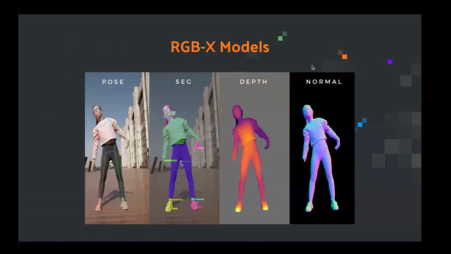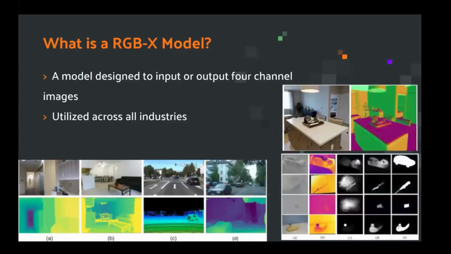Some of the most popular ones that we see are things like segmentation, depth, or normals, where outside of the regular red, green, blue that you store in your images, you can actually store whatever information you like in that fourth channel that's available for PNGs, or in newer formats, just another way to overlay your images and store this fourth channel there. So we're going to be focusing on this specific topic and what it looks like today in visual AI.